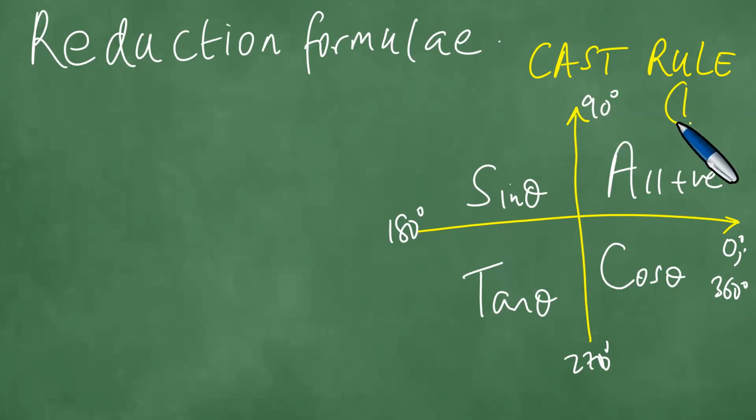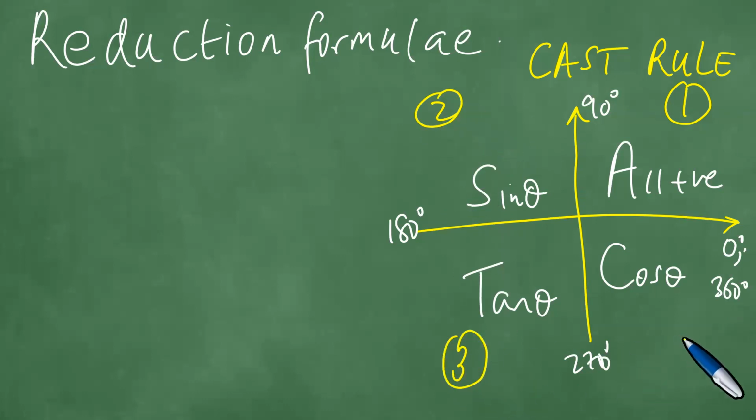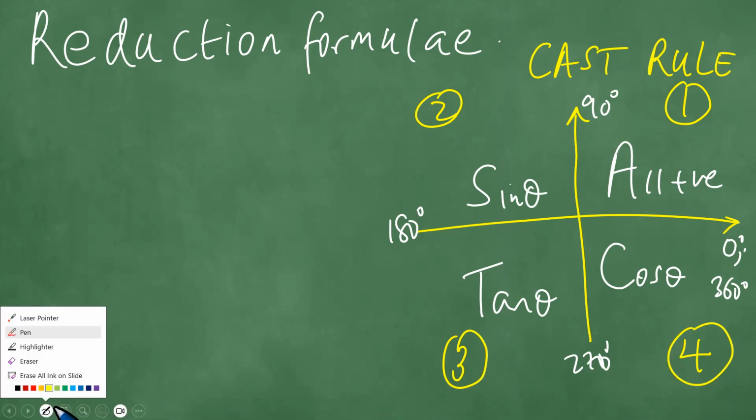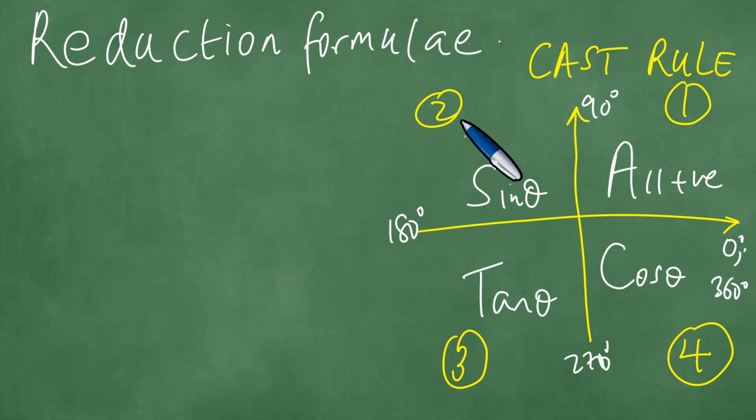This one is the first quadrant, the second quadrant, the third, and then the fourth quadrant. Let's put a little bit more information here. So this one will be 90 degrees plus theta, 180 degrees minus theta.